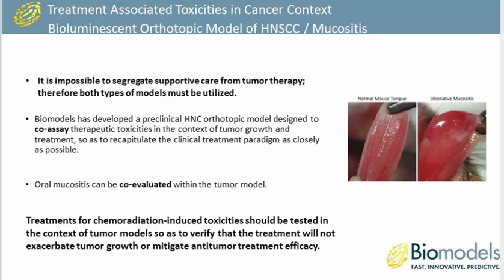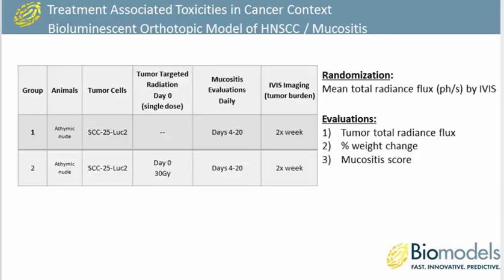So if you have a treatment not only against the tumor itself, but against a cancer treatment related toxicity, it really needs to be assessed in a tumor model. So we've developed preclinical orthotopic head and neck cancer models designed to co-assay therapeutic toxicities in the context of tumor growth and treatment. We have these for oral mucositis, and we can also do this in xerostomia.